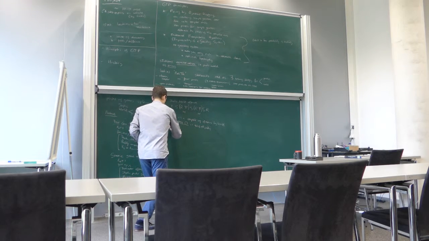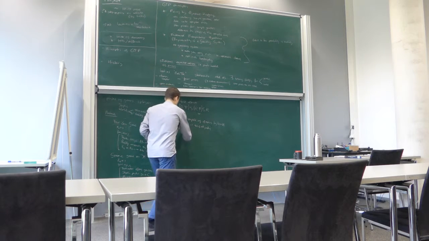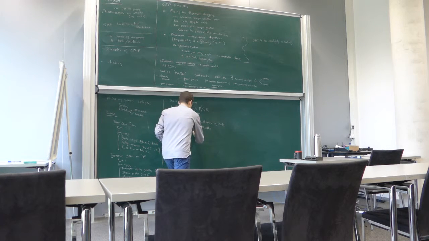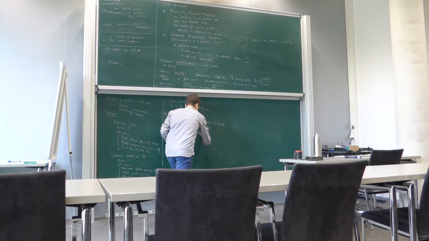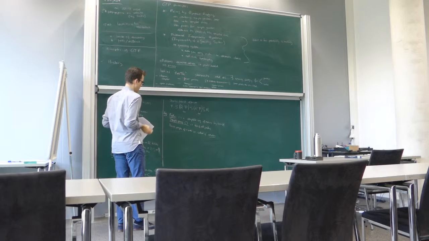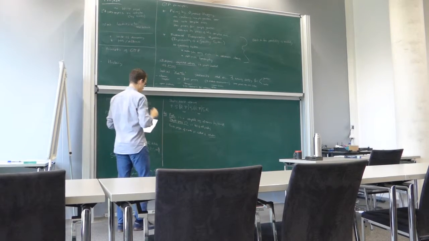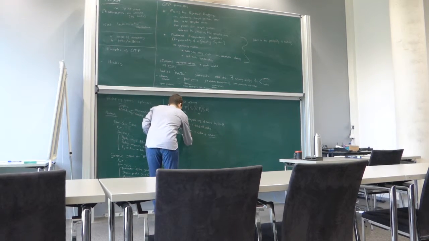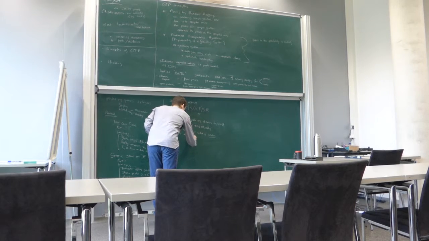So a finite prefix of a path is called a situation. And all situations, we group them together and call it omega diamond.